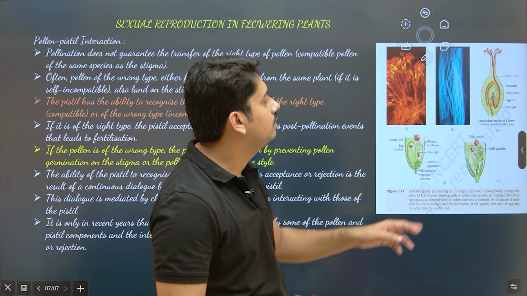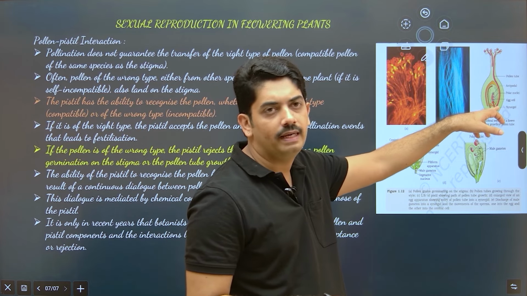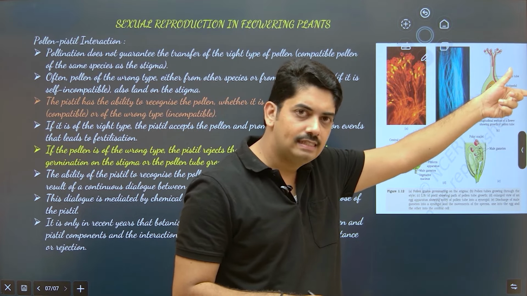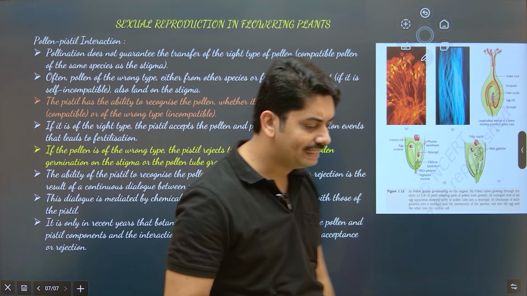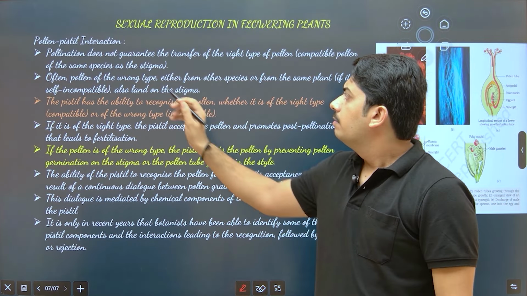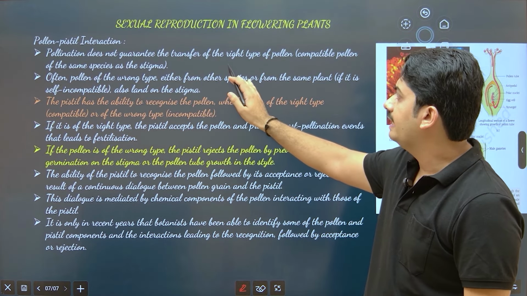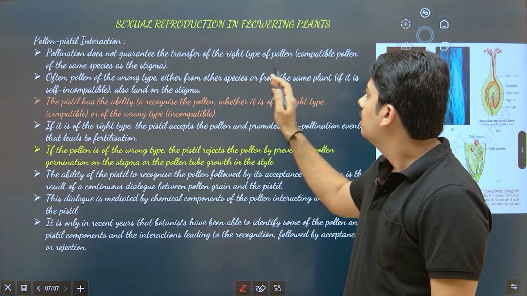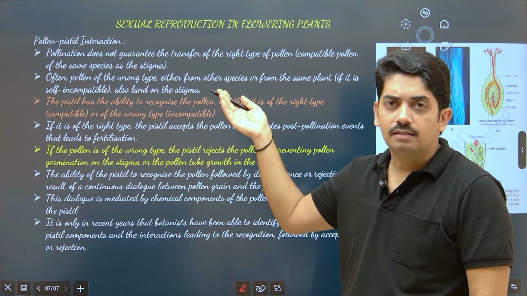The region where the pollen tube enters is the micropylar region, and the opposite region is the chalaza. So let us see what explanation is given here. Pollination does not guarantee the transfer of the right type of pollen. Why are they saying this?